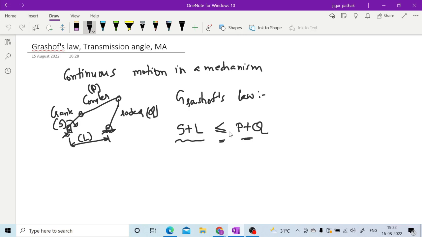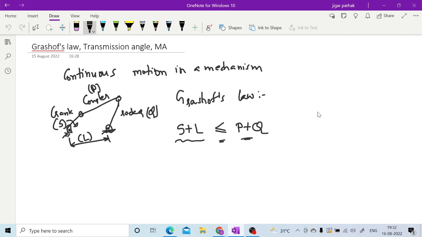As I have told you, Grashoff's law suggests that for continuous motion in a 4-bar chain mechanism, in order to have your crank with continuous revolving motion and completely constrained motion, the sum of the lengths of the shortest link and longest link must be less than or equal to the sum of the remaining two links, P plus Q. That is what Grashoff's law suggests.